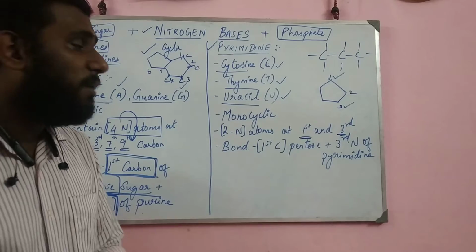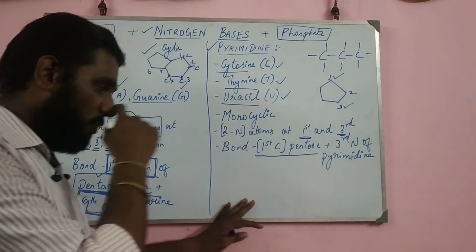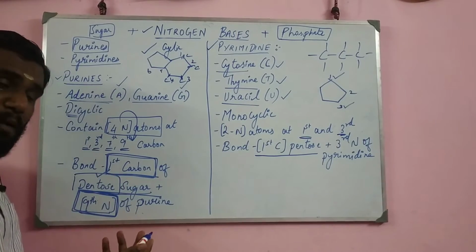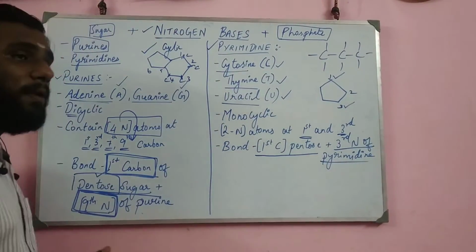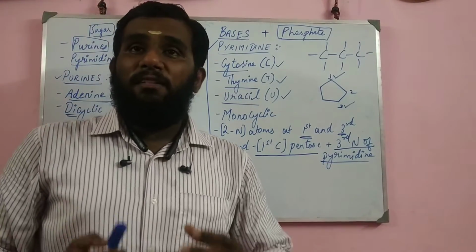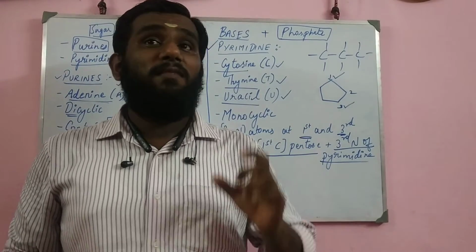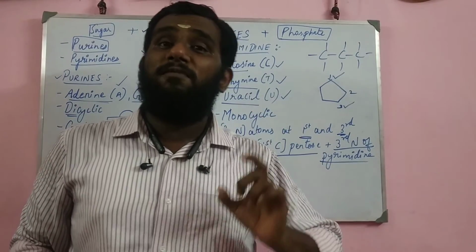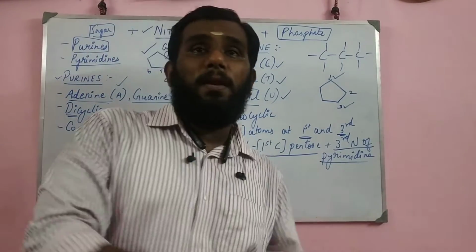And how does the bonding take place? The bonding always takes place between the first carbon of the pentose sugar. Here also it is the first carbon of the pentose sugar and the third nitrogen of the pyrimidine. So it's very simple here. Even if you don't know the nature of the base, just by knowing which nitrogen has bonded with the sugar molecule, you can tell whether it's a purine base or a pyrimidine base.